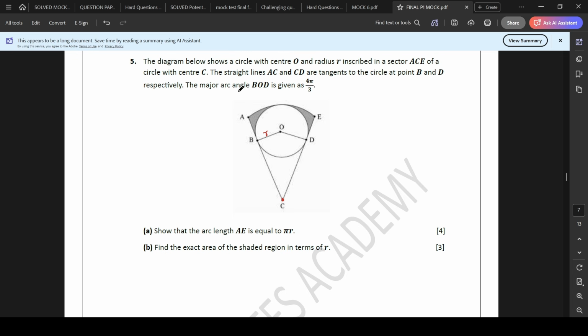The major arc angle of BOD. So BOD, this is a minor arc, this is a major arc. So for this major arc BOD, the angle given to us is 4 pi by 3.